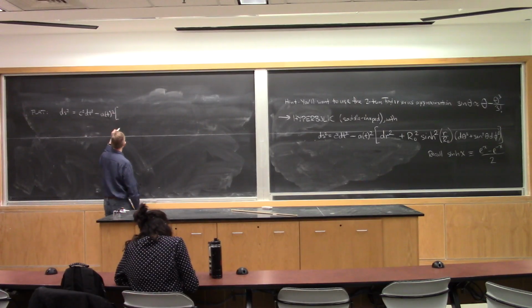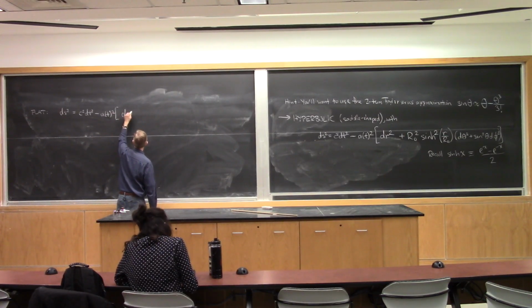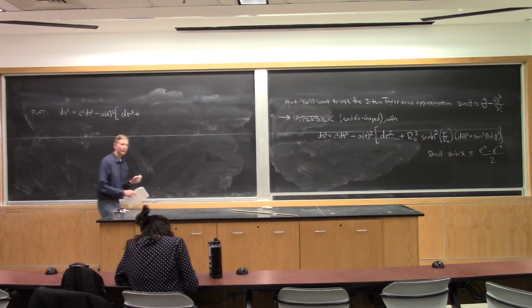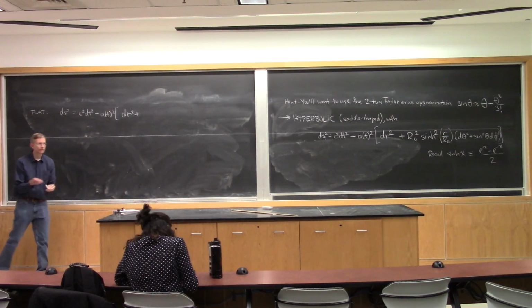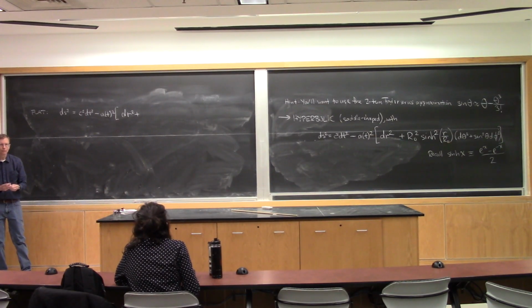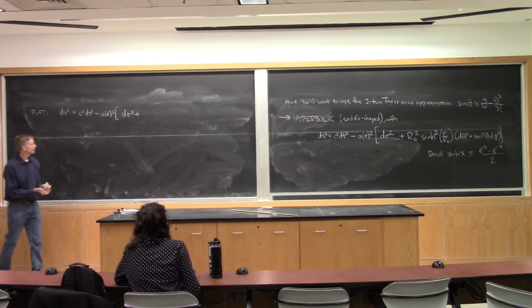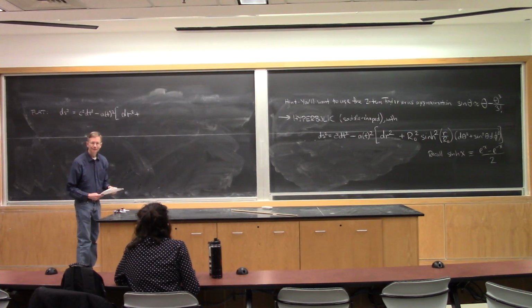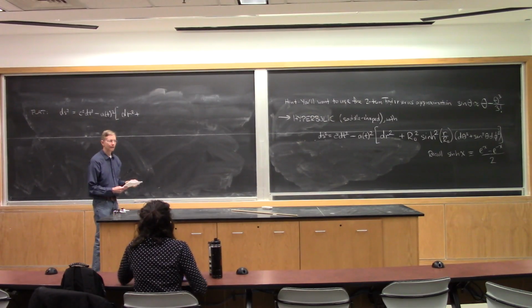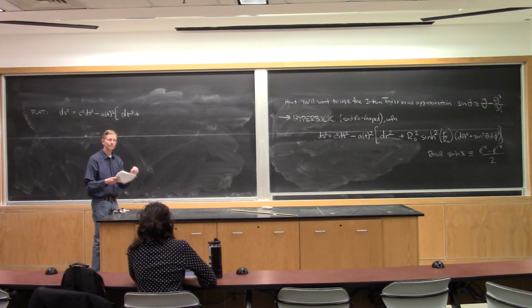So for ordinary flat space, you've got dr squared plus what are the other two pieces? See if you remember, it's just the metric in spherical coordinates. Dr squared plus, so there's an r sine theta term in there.